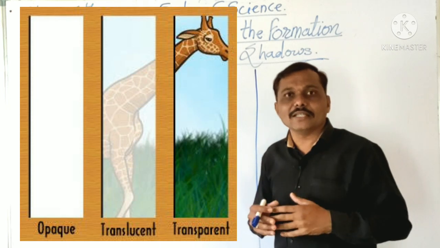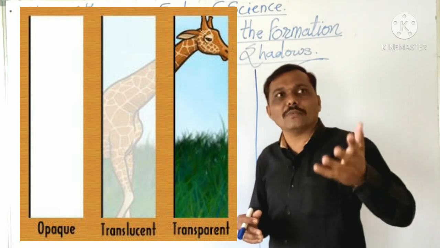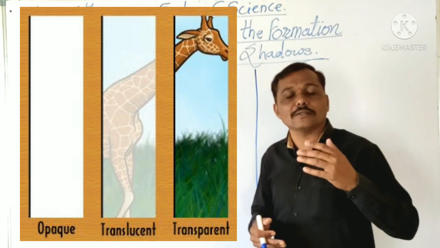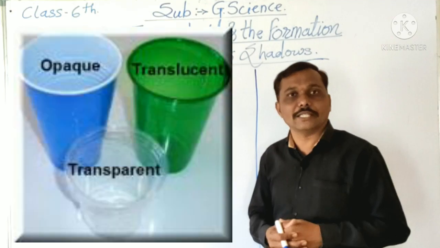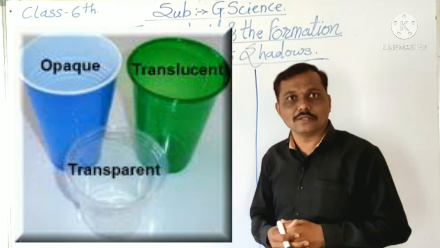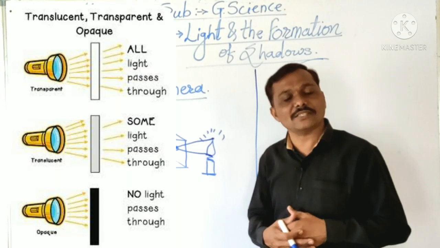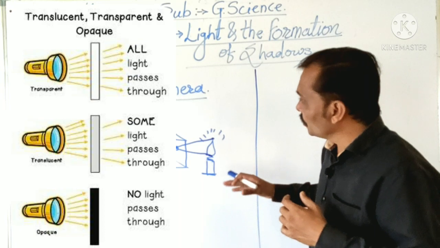We can see things partially through thin trace paper or curtains, which are made from cotton or different other things, cotton cloths. So why do we see these differences? So let's see. Now you tell me.